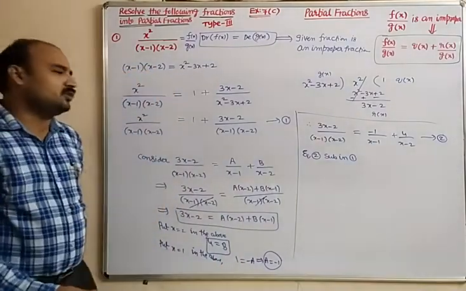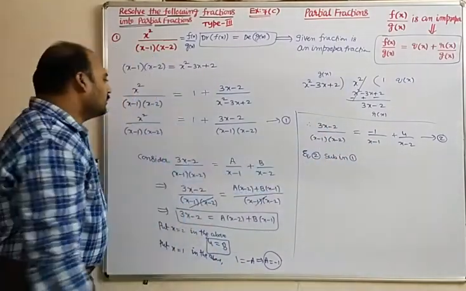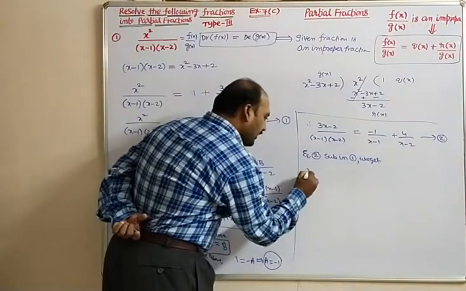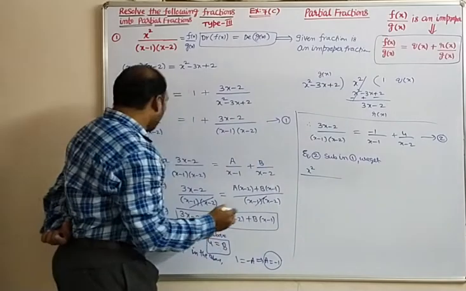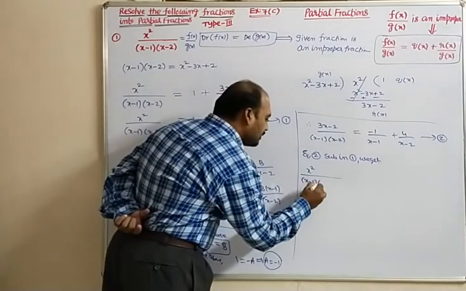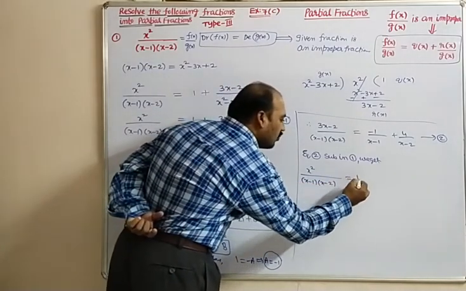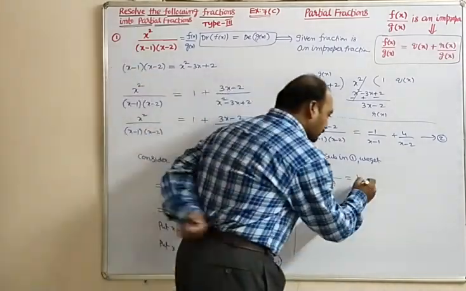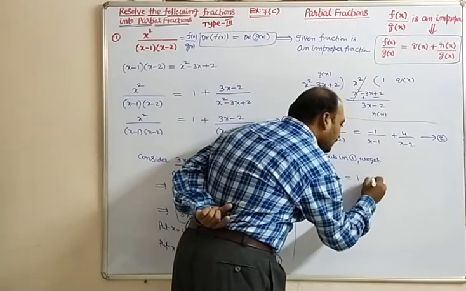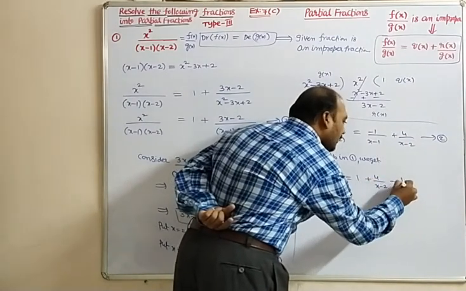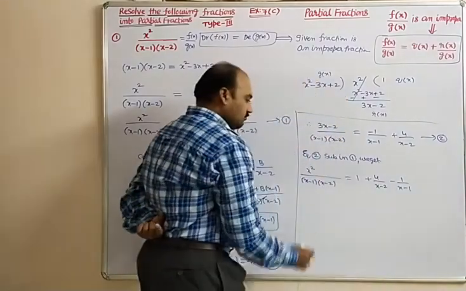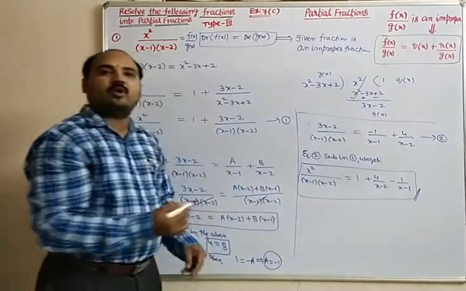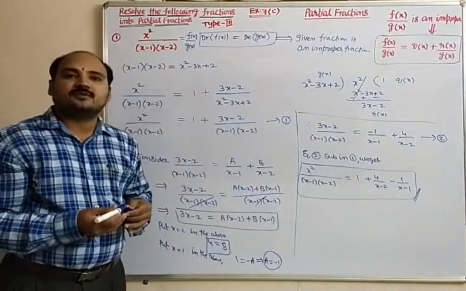It's not really an equation, we are just giving those names as equations. We get x square divided by (x minus 1) into (x minus 2) is equal to 1 plus, first write the positive 1 better, 4 by x minus 2 minus 1 by x minus 1. This is the way we have to do improper fractions.